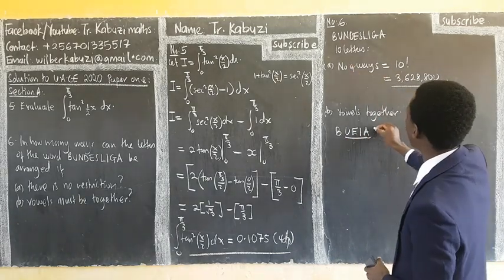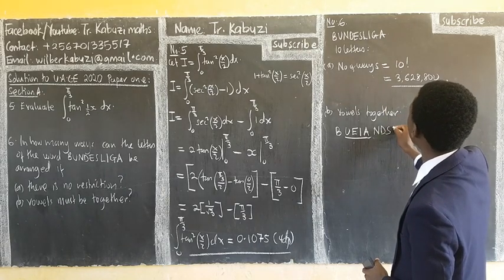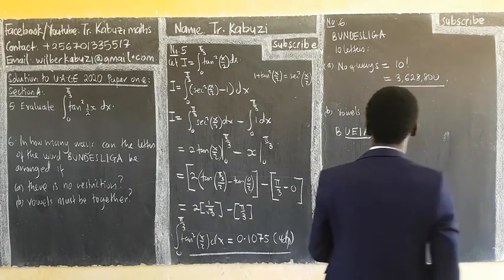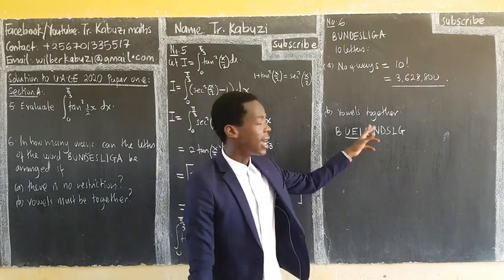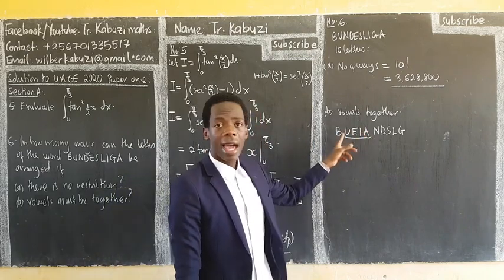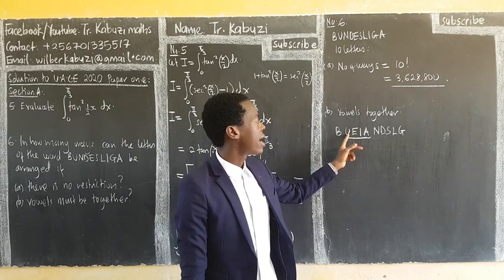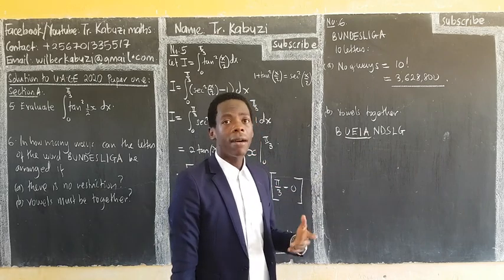Then I have N, B, S, L, G. So those are the ones I have. Now, if the vowels are together, you treat them as one letter here. But these vowels you can arrange. You can start with the E. First of all, they are 4. So you have 4 vowels and you have 4 consonants.